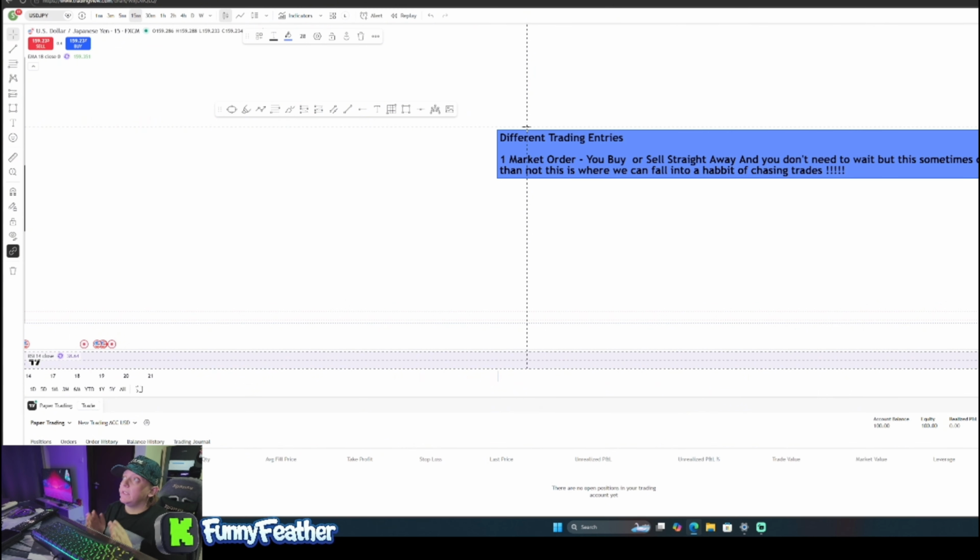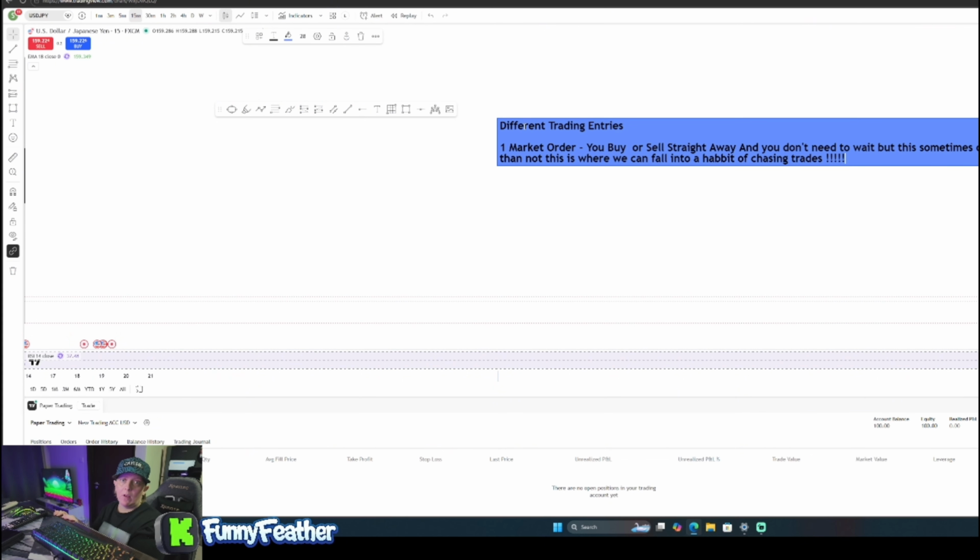If you are confident enough to take a market trade, go ahead. But what I have experienced, this is my personal experience, is when we go and take market trades, we actually are just chasing trades. We are not actually doing the right analysis, sticking to our rules, and taking the trade on the fundamentals that we have decided on.